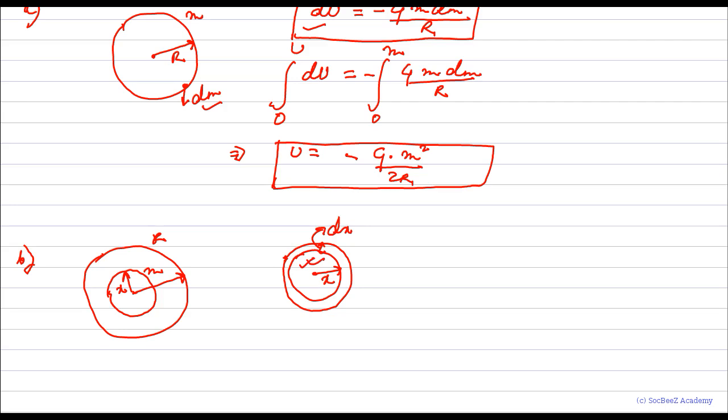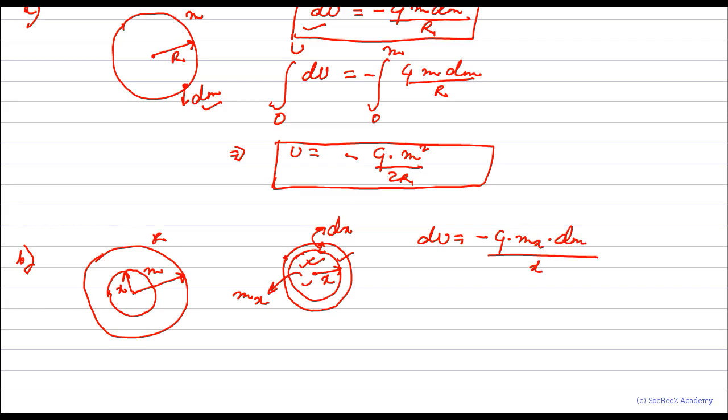Now the gravitational interaction energy between this shell and this sphere was dU equals minus G into, let's say, the mass of this sphere is m_x, into dm, that is the mass of the shell, upon x.